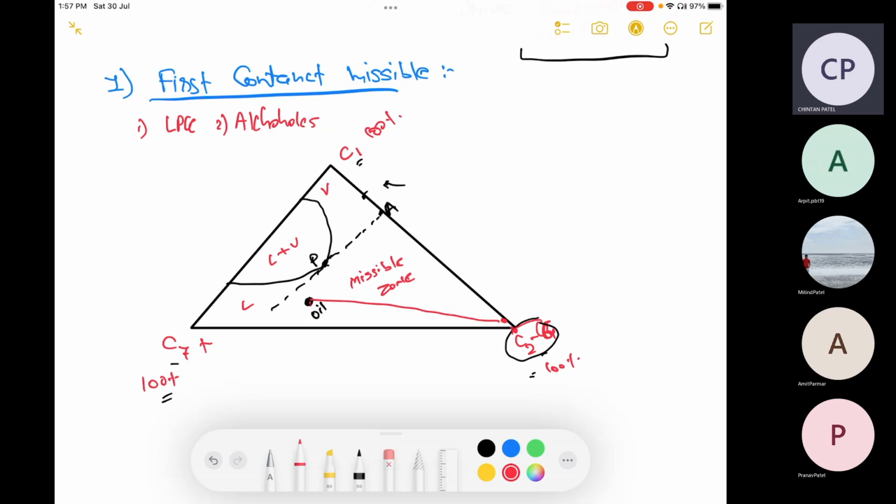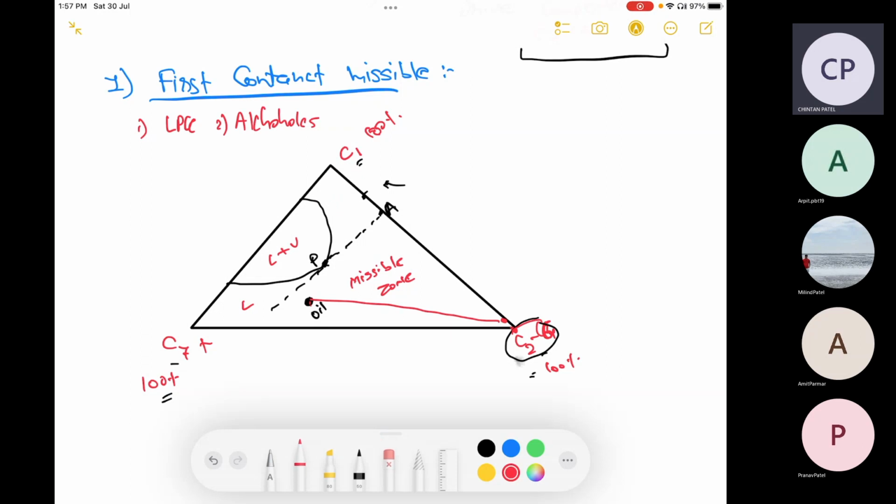So why is it not happening? Because if you study the property of LPG, and suppose a similar oil, if my oil belongs to this region, then it will directly go there and be miscible with that oil, because this is vapor only, a single phase, so that is also miscible.